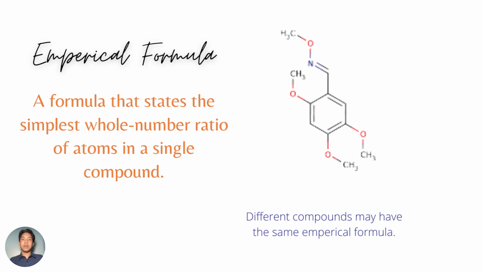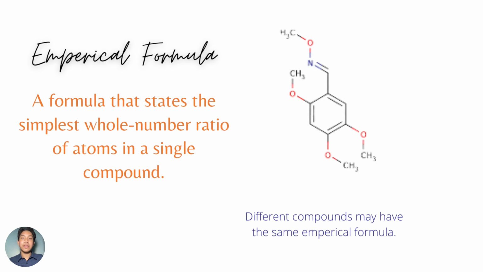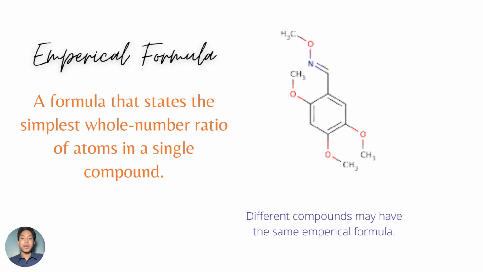All right. We'll start first with empirical formula. What do you understand about empirical formula? All right. The definition of empirical formula is a formula that states the simplest whole number ratio of atoms in a single compound. You should highlight these words.